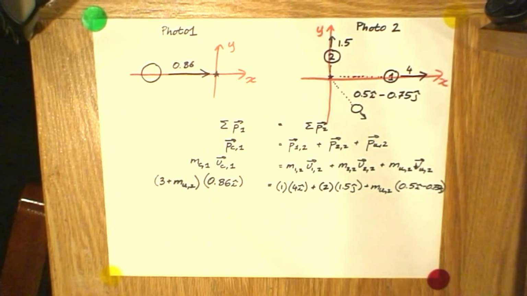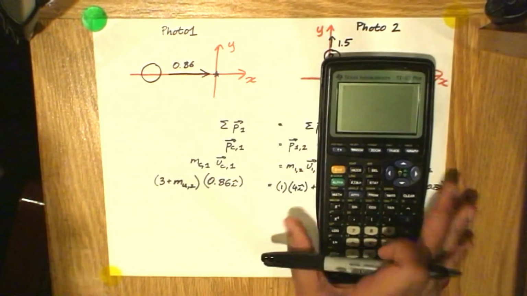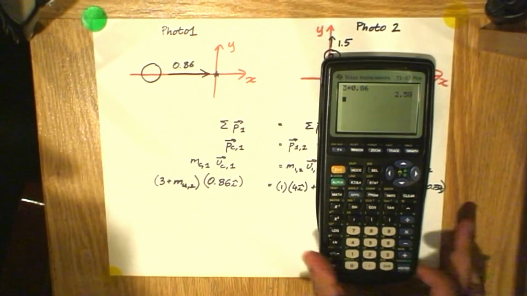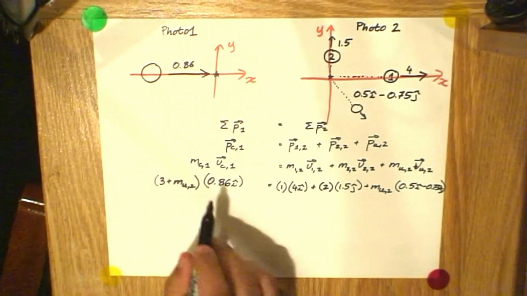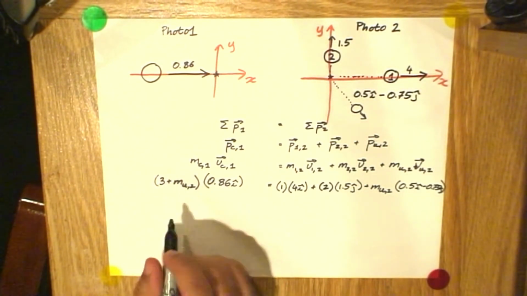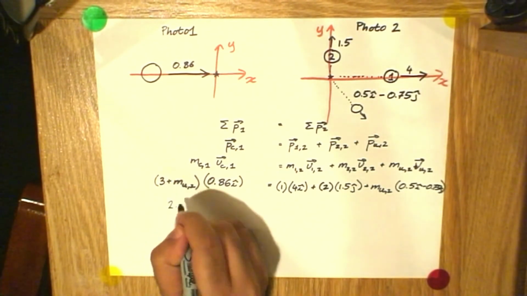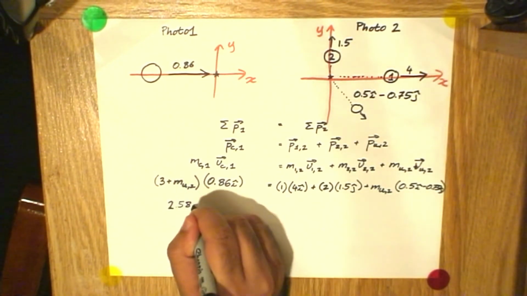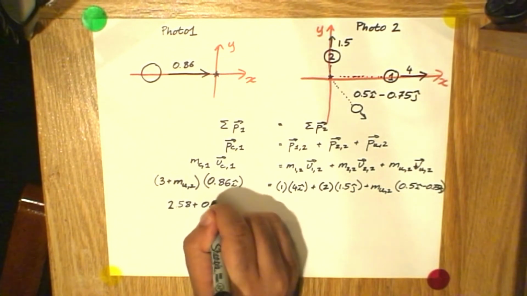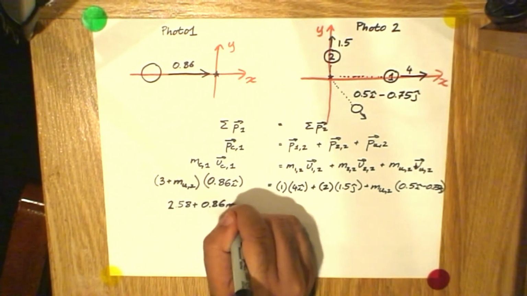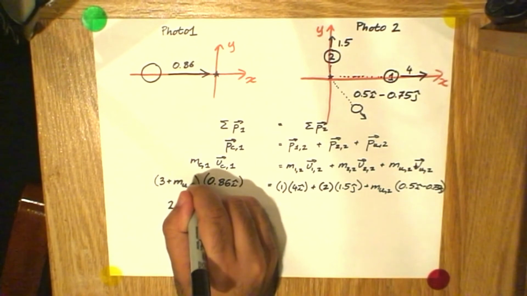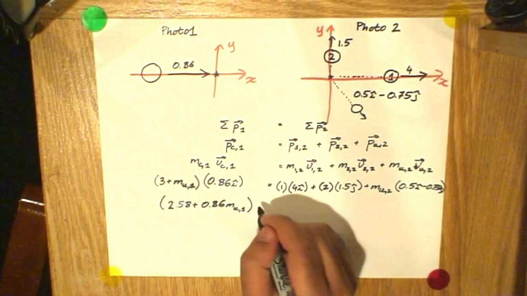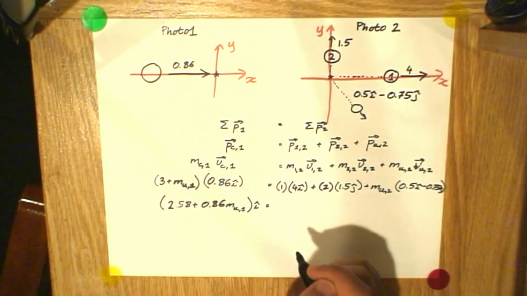Now, 3 times 0.86. Let us solve that out. That gives us 2.58. So when I multiply all of this out, I'm going to get 2.58 plus 0.86 mass of the unknown object in photo 1. This is the momentum in the i-hat direction.